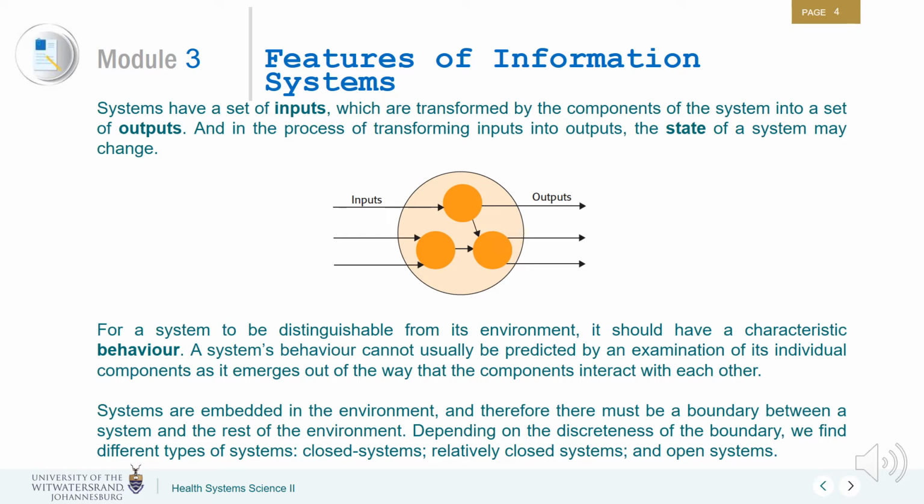Whereas relatively closed systems have very precisely defined inputs that allow for very precisely defined outputs within a clear and distinguishable environment. Whereas an open system would interact a lot more freely with that surrounding environment. So the boundaries around that system would be much more porous. I'm hoping that some of these ideas are familiar.